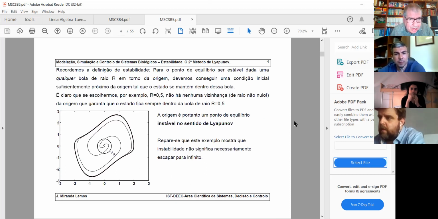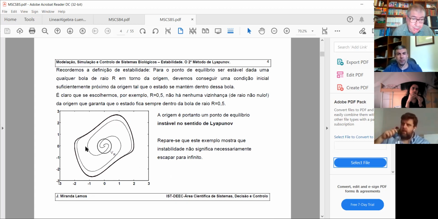Okay. So if you start at this ball, no matter how small I select the ball of initial conditions, I will always go away from it. So this point is unstable. The solutions are bounded. They never grow. Usually we think instability means that you go to infinity.